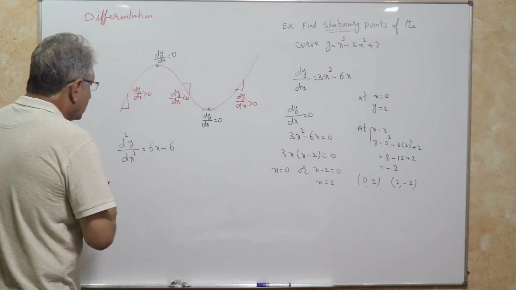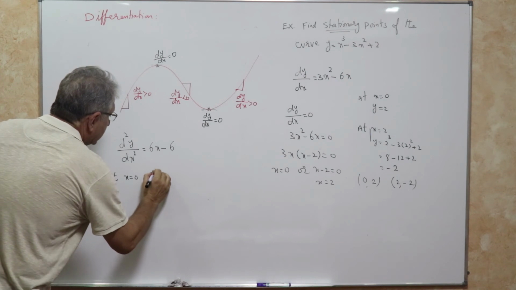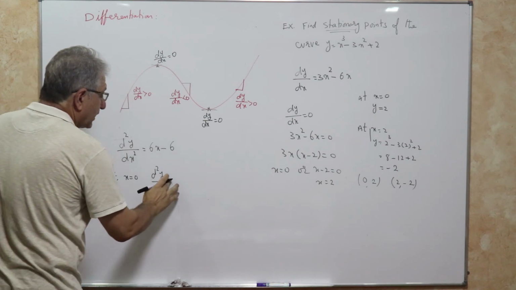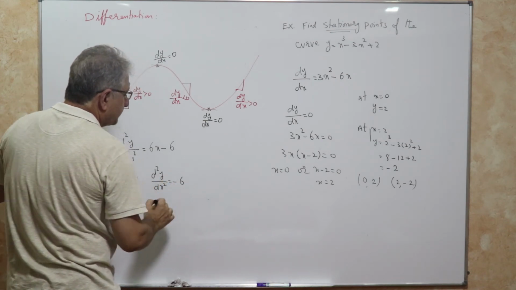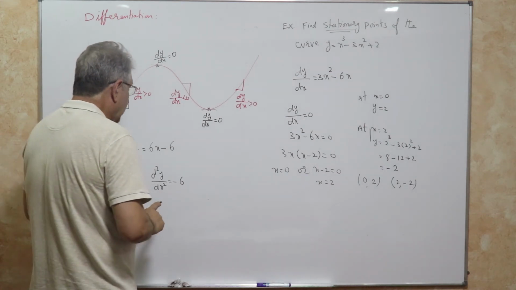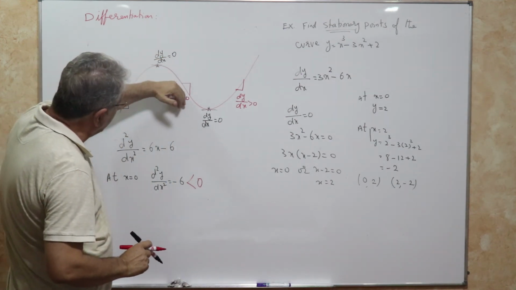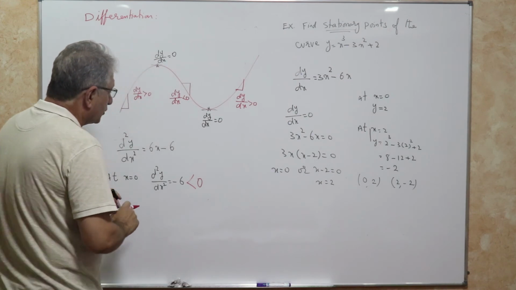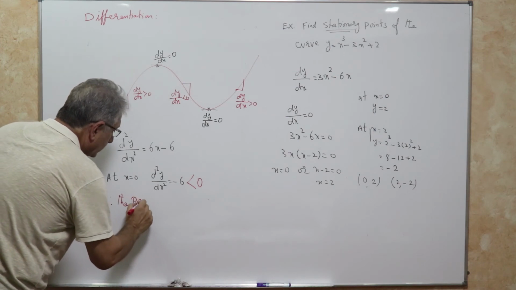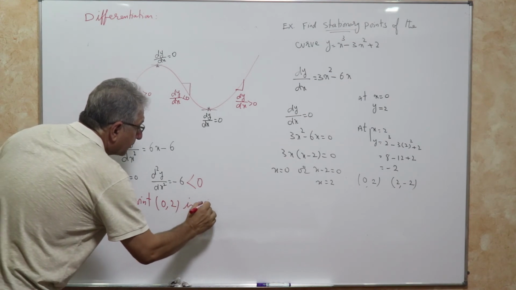Now at x equal to 0, d squared y by dx squared is equal to 6 times 0 minus 6, which is minus 6. The value doesn't matter for us, what is important is that it is negative. Whenever it is negative, it means it is concave down, like that. Therefore the point (0, 2) is a maximum.